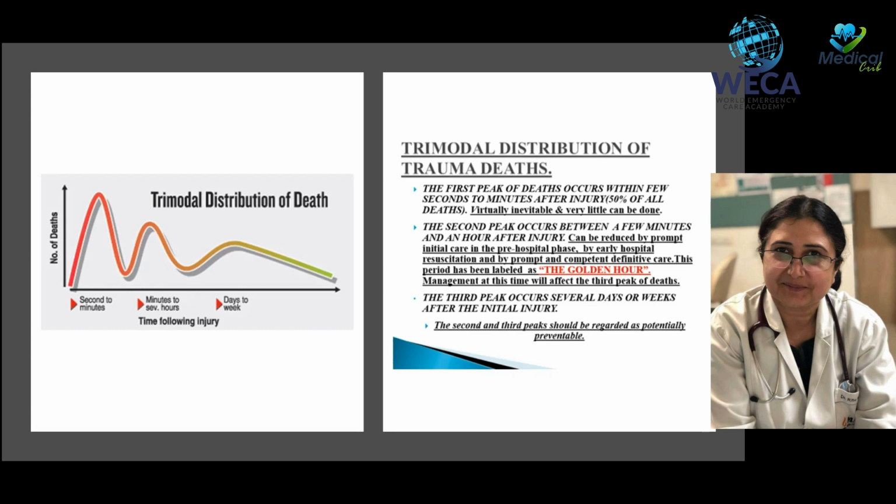Here, this peak of deaths can be reduced by prompt initial care in the pre-hospital phase, by early hospital resuscitation, and by prompt and competent definitive care. This period has been labeled as the golden hour. Management at this time will affect the third peak of death. The third peak occurs several days or weeks after the initial injury.